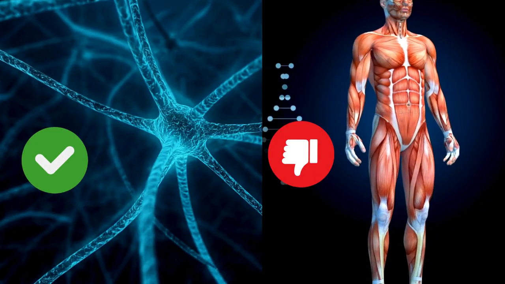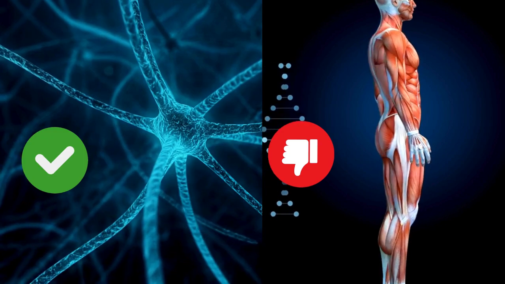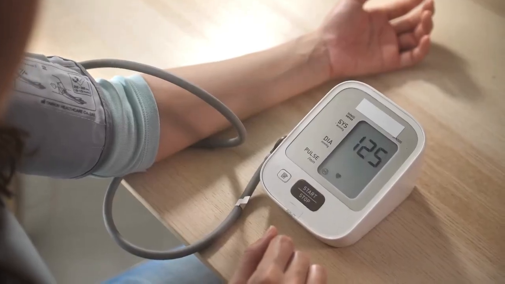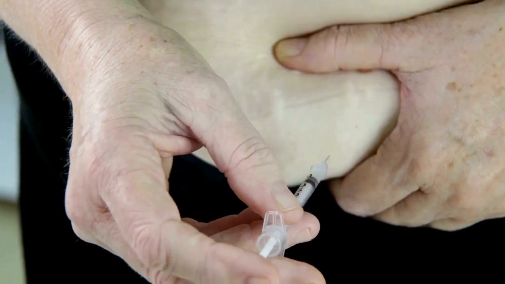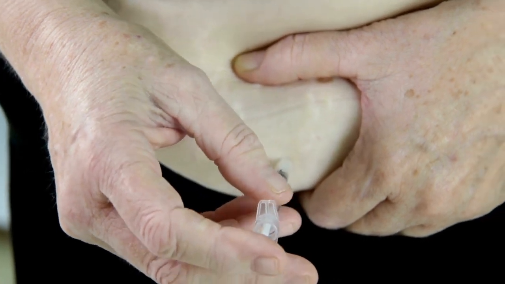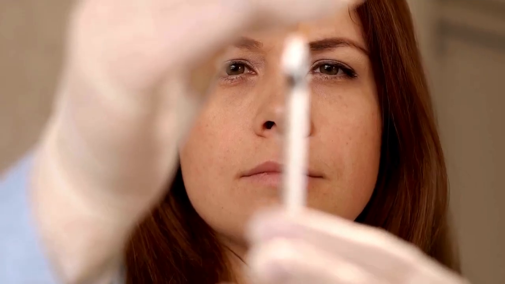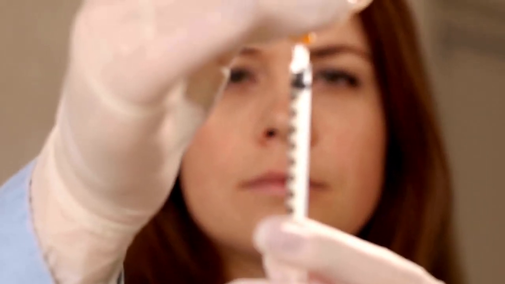This angle ensures that the insulin is delivered into the subcutaneous tissue rather than into the muscle, which could lead to erratic absorption and unpredictable blood glucose levels. The depth of the injection refers to how far the needle is inserted into the subcutaneous tissue. Most insulin needles are designed to penetrate just below the skin surface into the subcutaneous fat layer.